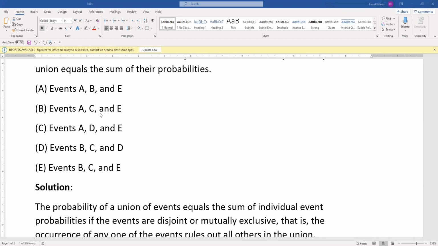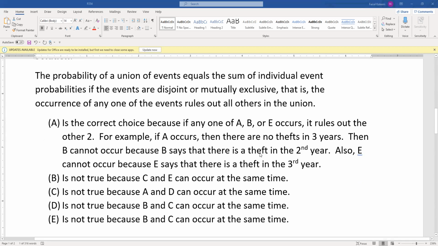As long as we find one pair where both can happen at the same time, we know that that's not the correct answer. Whereas in A, we had to go all the way, because since A was the correct choice, we had to make sure that occurrence of any one of them rules out the other 2. So the correct answer is A here.